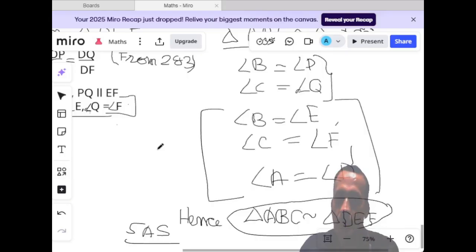Or if we are given that the corresponding angles are equal and nothing else is given, then that is also sufficient to prove that the two triangles are similar. Or if we are given that only one angle is equal and the corresponding sides including these angles are proportional, then also the triangles are similar.